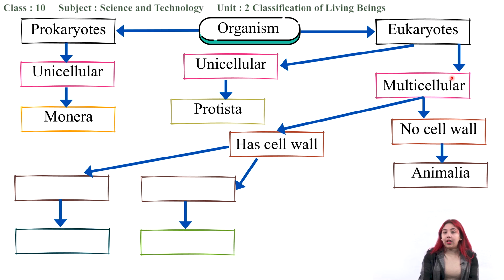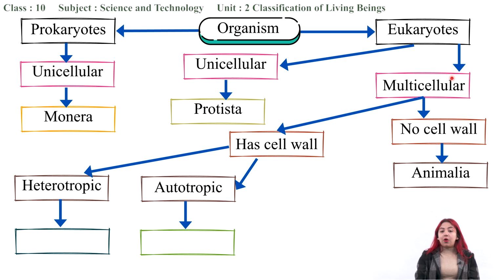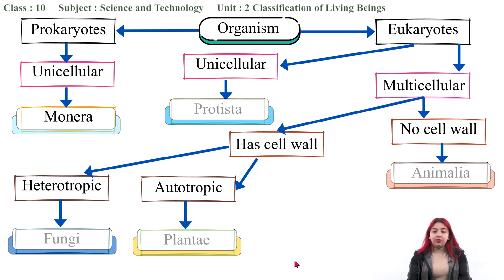Now if they have a cell wall, then their mode of nutrition was considered, whether it is an autotroph or a heterotroph. So heterotrophic organisms that have a cell wall and are multicellular were kept in the kingdom Fungi, whereas autotrophic organisms that had a cell wall and were multicellular were kept in the kingdom Plantae. So this is how the 5 kingdom system classification was done.